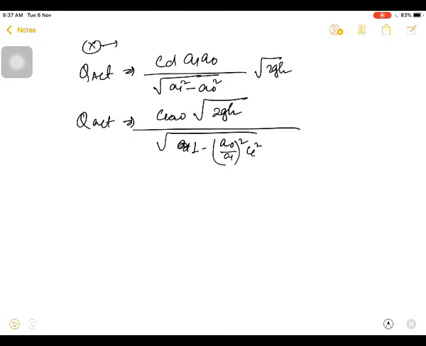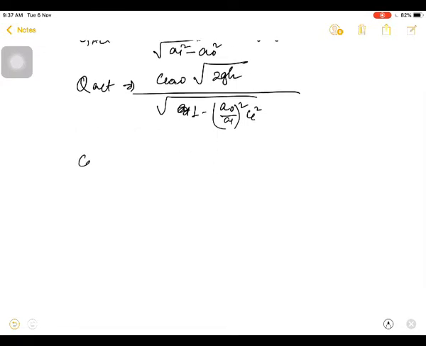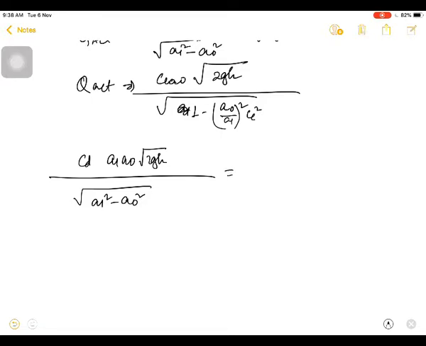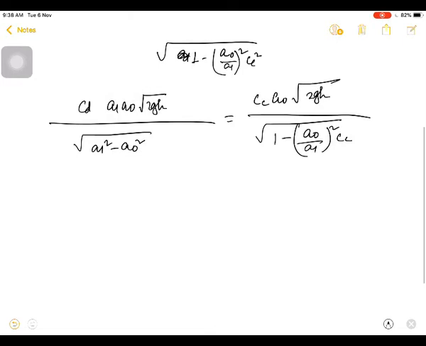So what should we do right now? We compare these two equations. If we compare these two equations, we can write CD A1 A0 root 2GH by root of A1 square minus A0 square equal to CC A0 root 2GH by root of 1 minus A0 by A1 whole square into CC square.